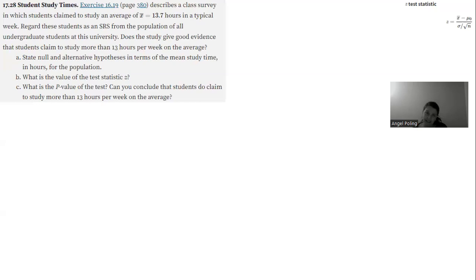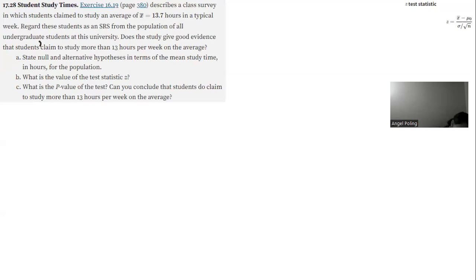Regard these students as an SRS from the population of all undergraduate students at the university. Does the study give good evidence that the students claim to study more than 13 hours per week on average? There's a bunch of typos in this one.